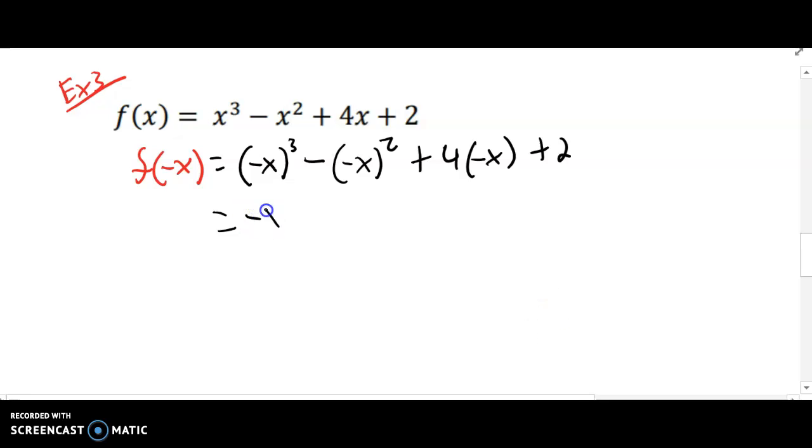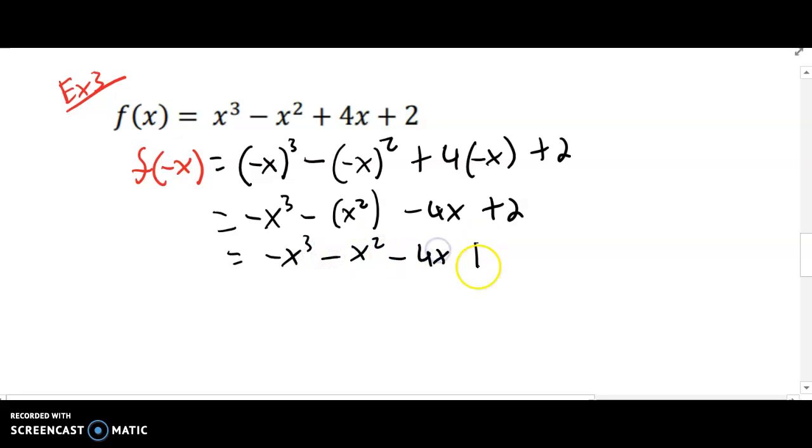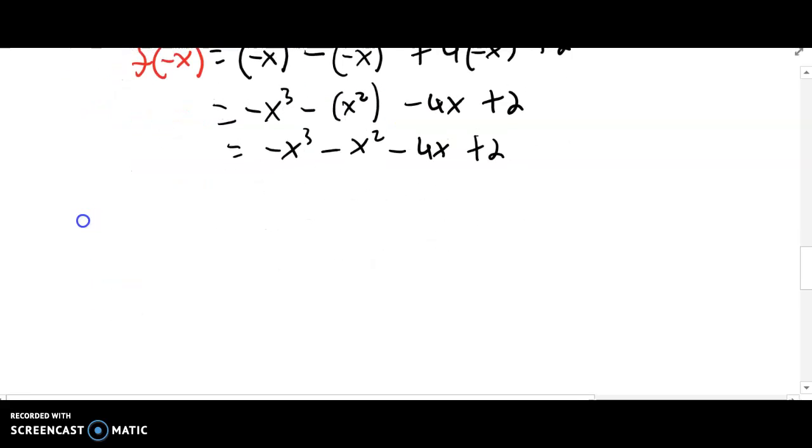So this is negative x cubed minus, negative to an even is positive, minus 4x plus 2. We get negative x cubed minus x squared minus 4x plus 2. Okay, that's definitely not the same as the original, so it's definitely not even.